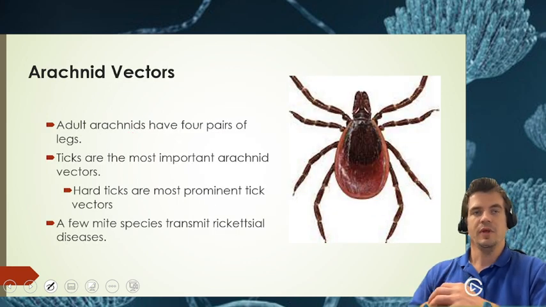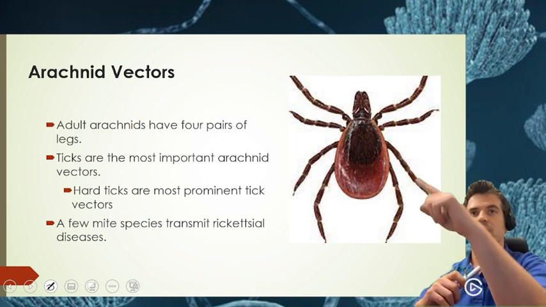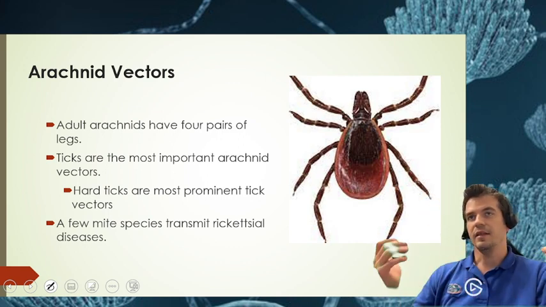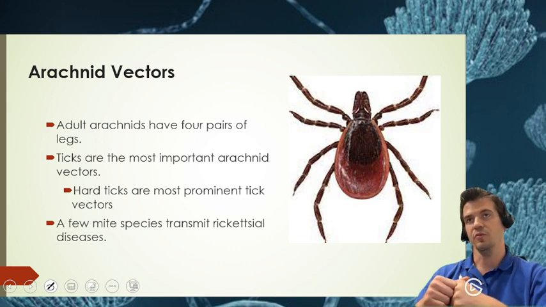Okay, so like we said, if you count the legs, 1, 2, 3, 4 times 2 is 8. They are not an insect, and so that's why we go one step up and we call them arthropod vectors.